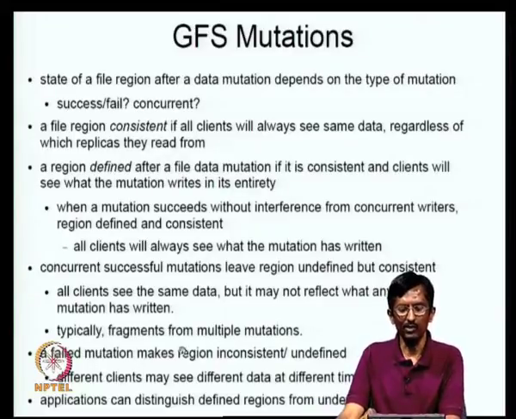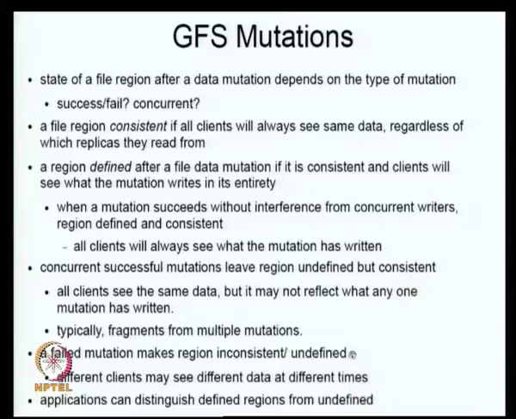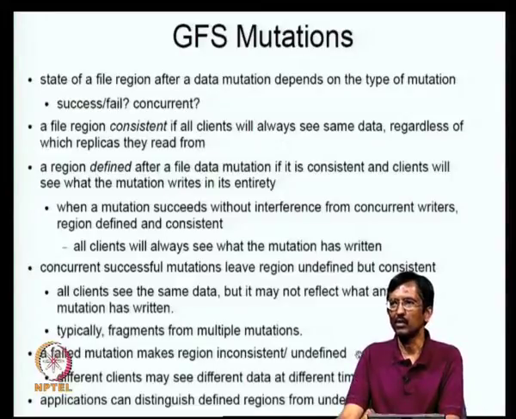So if there is a failed mutation, it makes the region inconsistent and undefined, and different clients may see different data at different times. For example, let's say that multiple writes are going on, and some write was done, but one replica could not update its result because it failed at the time.